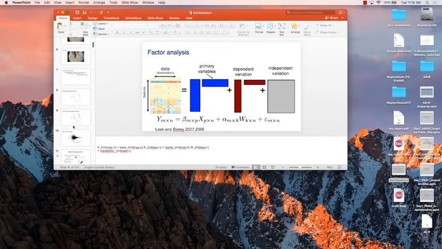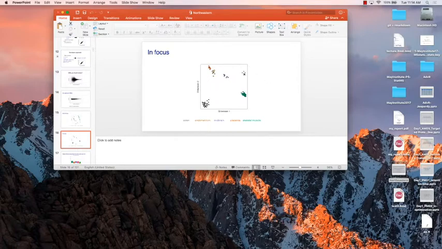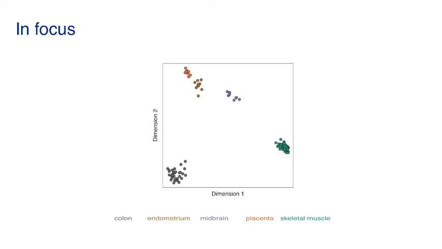This is an example. There's something there that's weird. Sometimes even after doing all the batch correction, you still see things like that, and you wonder what that's about.